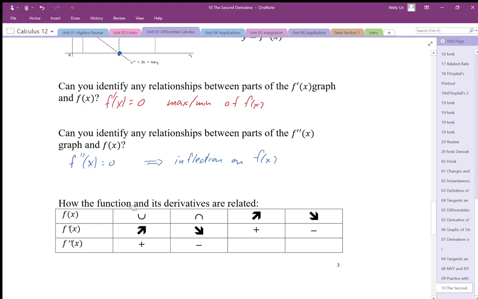So the derivative is going less negative, more positive, more positive, more positive. So the slope of my derivative graph is going to be going up. The change of the change is increasing. So it's becoming more and more positive slope. And that indicates a positive second derivative.